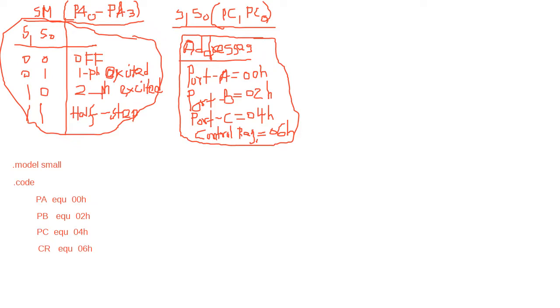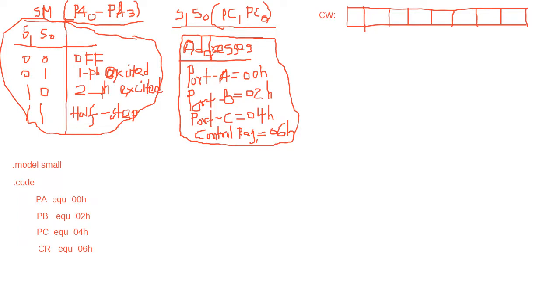Now about the control word. What is the control word? This one is for port C lower.